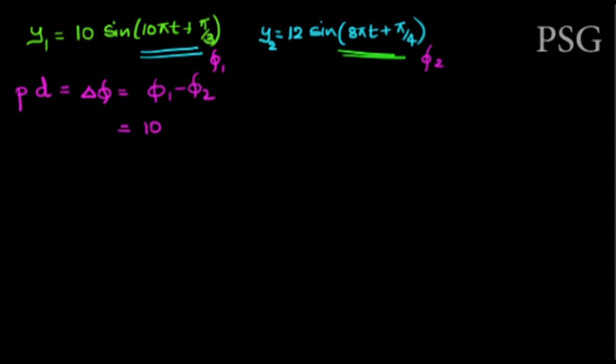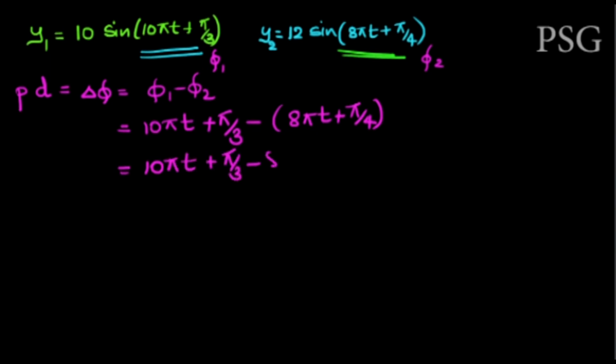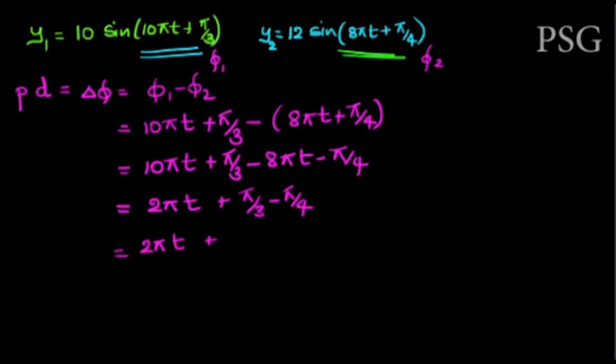What is phi 1? It is 10 pi t plus pi by 3 minus 8 pi t plus pi by 4, that can be written as 10 pi t plus pi by 3 minus 8 pi t minus pi by 4. 10 pi t minus 8 pi t is 2 pi t, and pi by 3 minus pi by 4 gives me 2 pi t plus pi by 12.